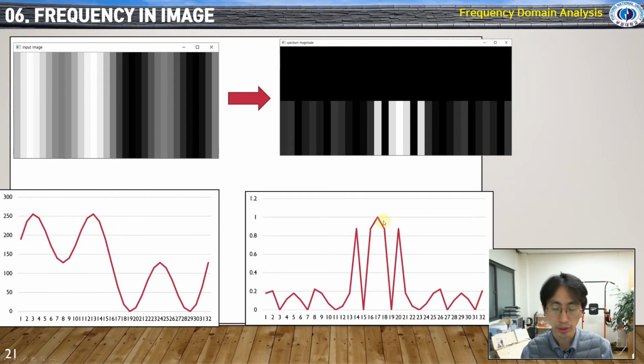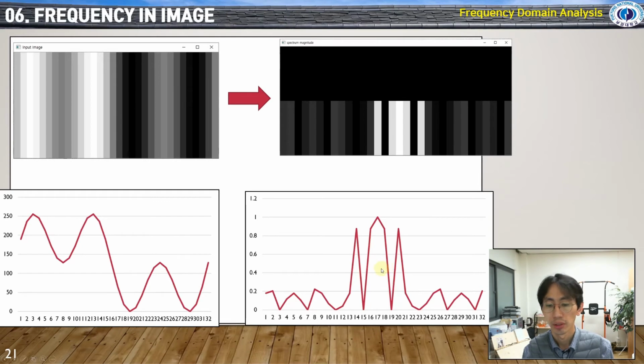And here you see the image is symmetric about the axis where x is 17. The point where x equals 17 is frequency 0, so 0 hertz.